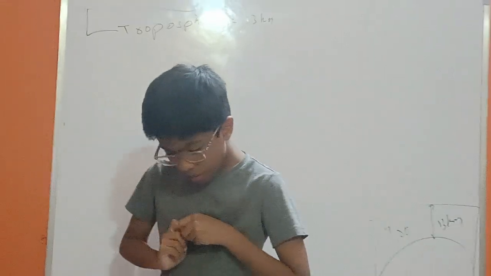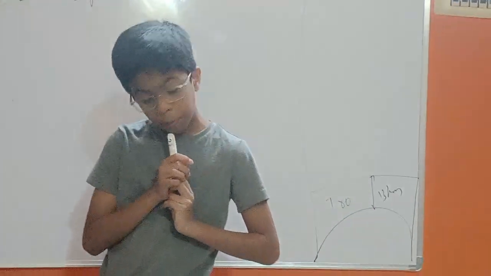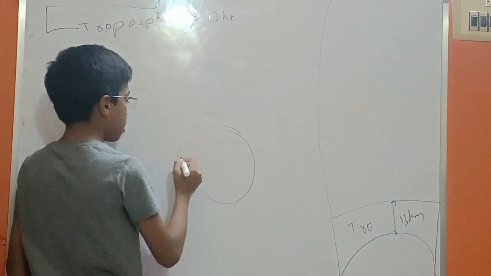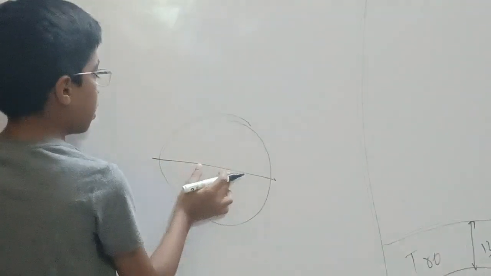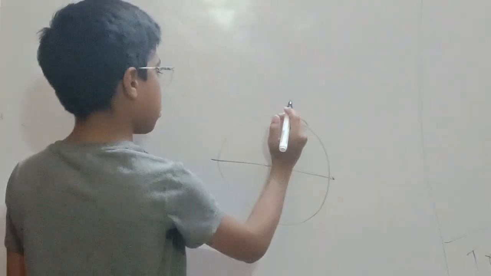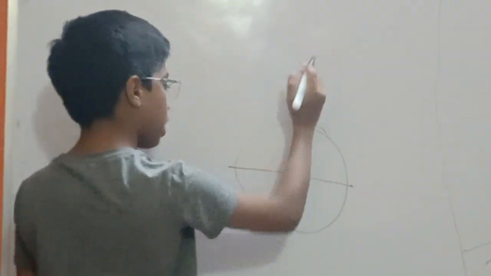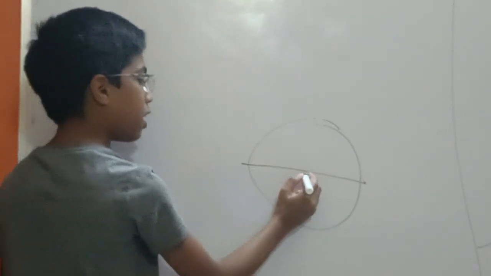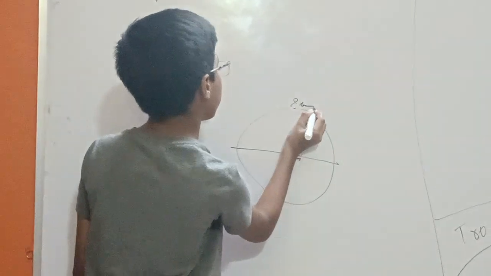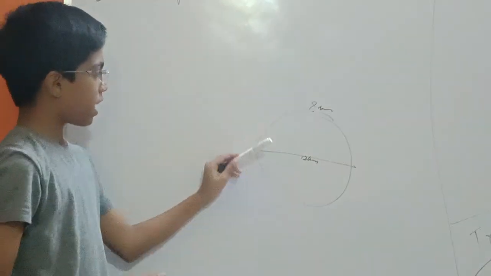Sometimes it may be 18, sometimes it may be 8, because on the earth, the height is more at the equator and less at the poles. So here it will be 18 kilometers and here it will be 8 kilometers. So there is a 10 kilometer difference between the equator and the pole.